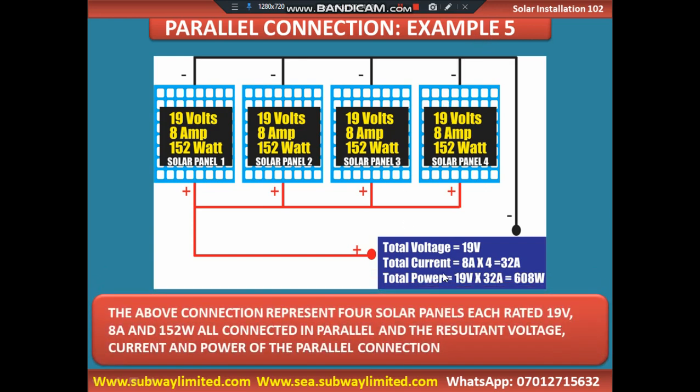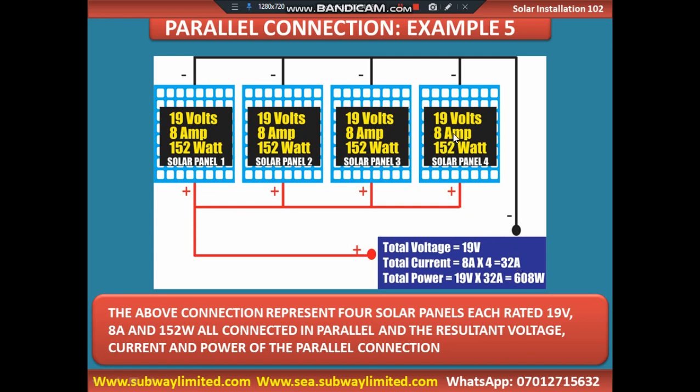If you look at our output here, you have a total voltage of 19. Each of these panels was 19 volts. If you connect all of them in parallel, it will still certainly remain 19 volts, and the current will be additive. That means 8 amp times 4. You can see it here. 8 amp times 4 will give you 32 amp if you do the calculation.